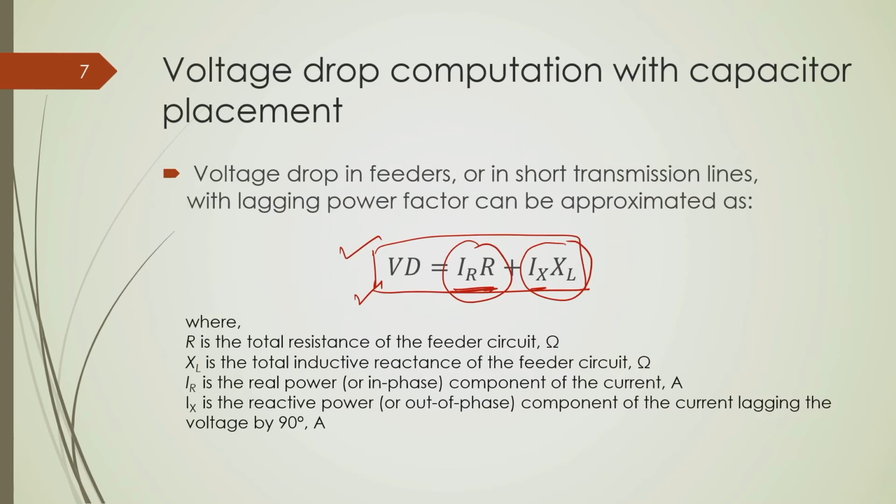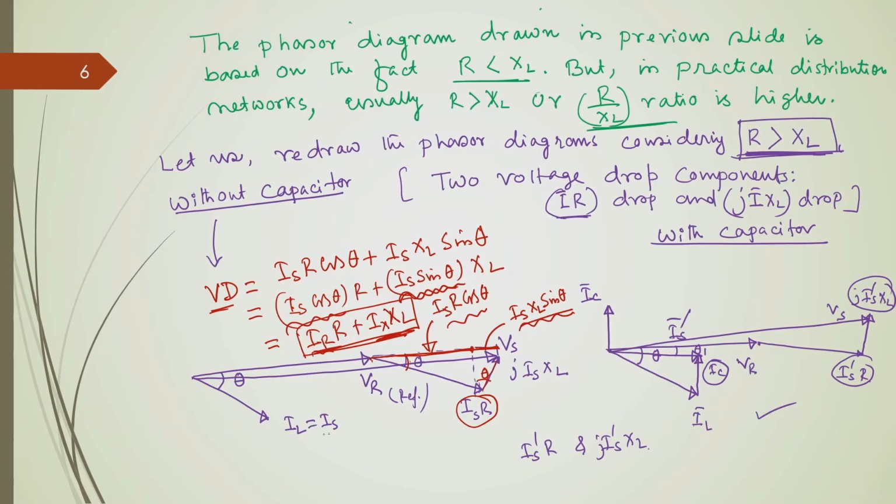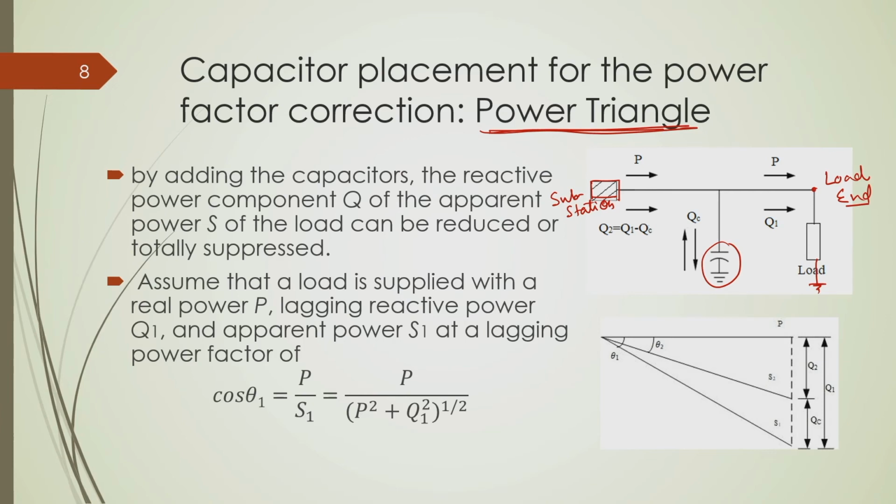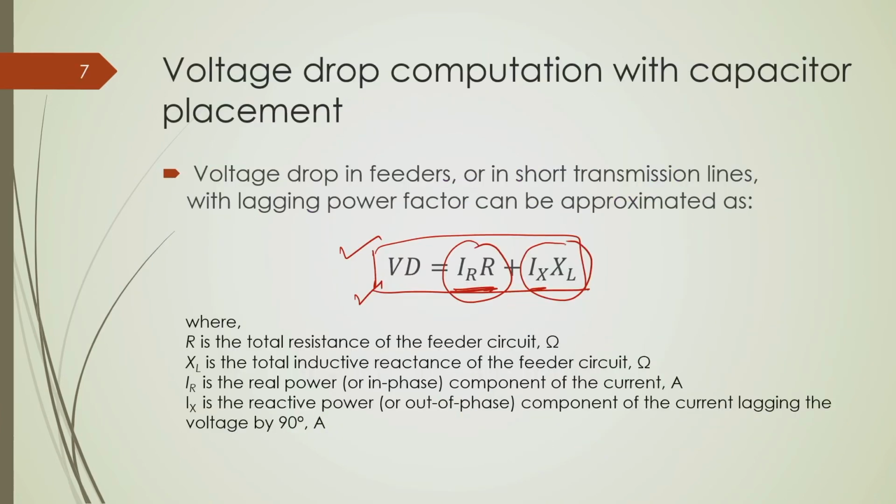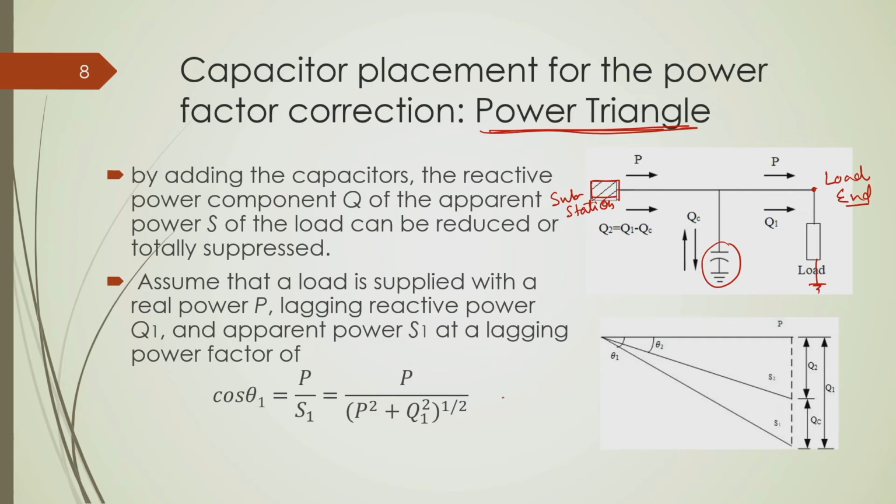You have seen that the current drawn from the source is changed from I_L to I_S dash, or I_S to I_S dash. If so, then we can also draw the phasor diagram here. Suppose this is my receiving end voltage or load end voltage, and this is the actual current, the load current.